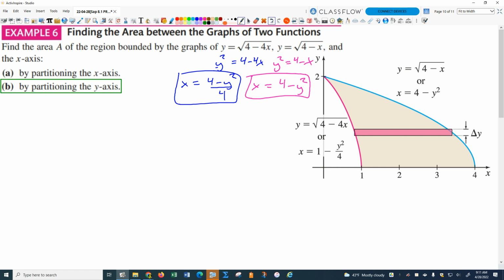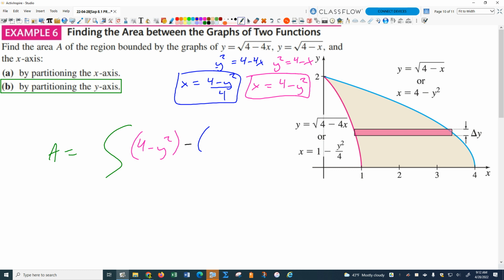So then I could just set this up as an integral of the horizontally top function, so the rightmost function, which is this one, minus the leftmost function, which is this one.